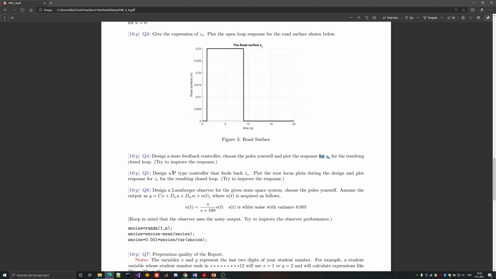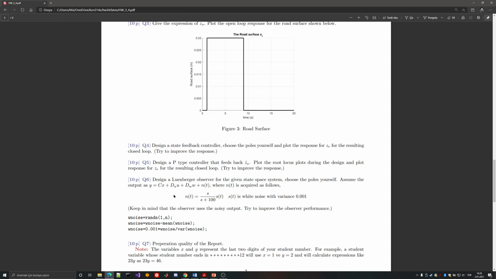And then you go ahead and use this D-type controller or the derivative feedback for the P, but you're still looking for ZS, and you are trying to get a closed loop here, which is, again, better than the open loop. And the last question here is to design an observer, a Luenberger observer.